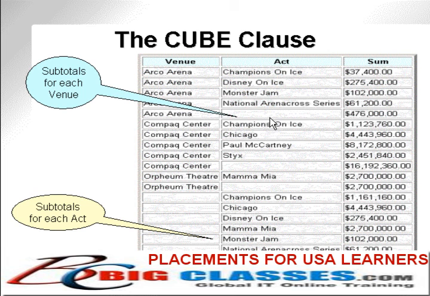Here we can see that we have a total for the first venue, a total for the second venue, and a total for the third venue. Down the bottom we have a grand total for all acts and venues.